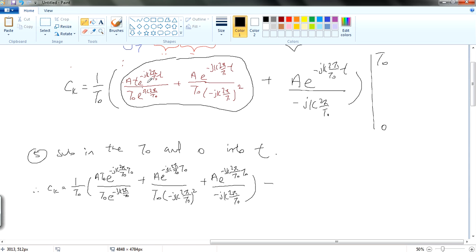When you sub in 0 over here, the whole e to the power 0 is just 1. So instead of writing the whole chunk, I just write 1. I'm just writing a multiplied by 1, and then t naught, e minus jk 2 pi over t naught, and then we have plus.